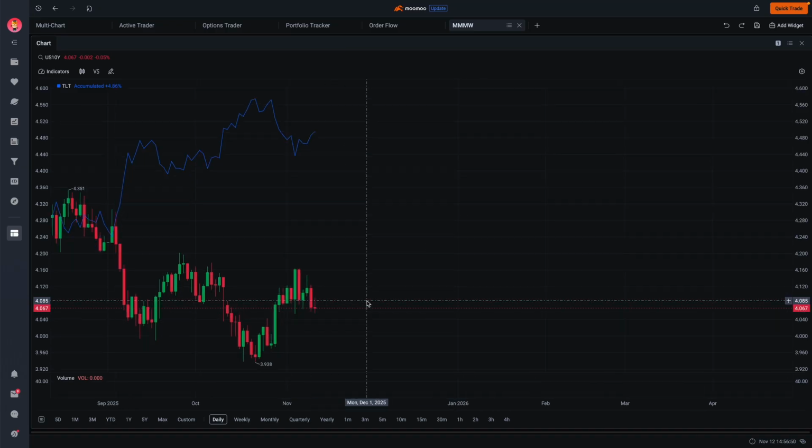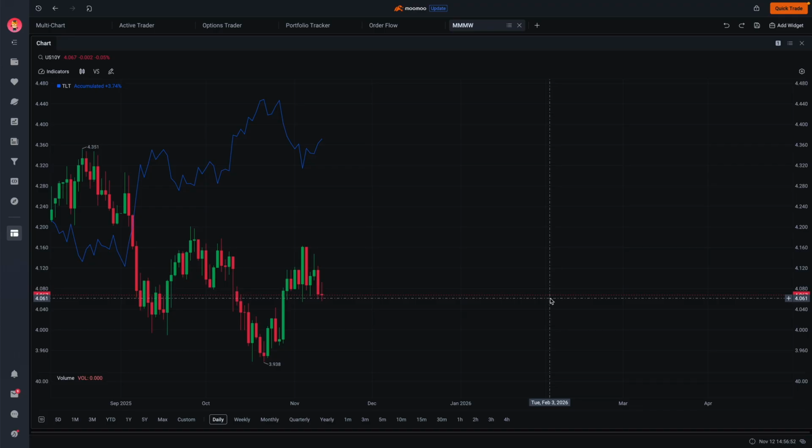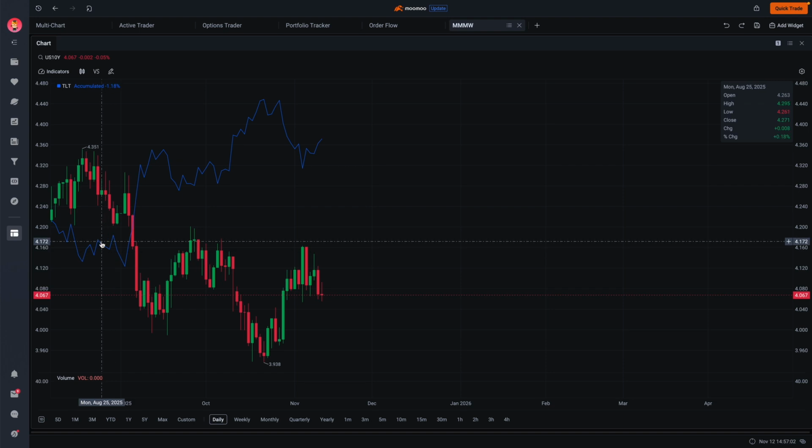So if you are interested in keeping up with interest rates, you should look at the bond market. That's why we look at the TLT. This is the proxy that I use for the bond market, and as you can see, there's an inverse correlation. This blue line is the bond market. So when this blue line is up, this is going to be coming down.